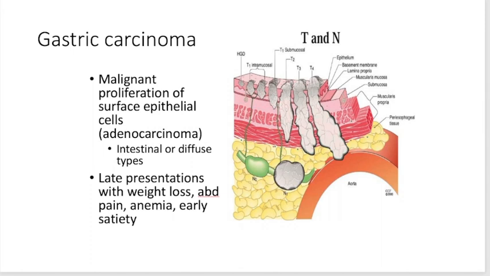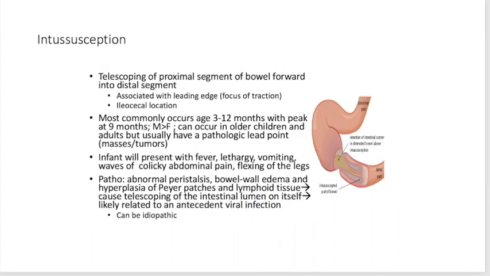So what happens is, as long as it's still mucosal, it has not gone through the basement membrane, but once we get to T2, T3, T4, you can see how it has reached those layers and is now potentially near lymph nodes, and then will create a higher stage of presentation.